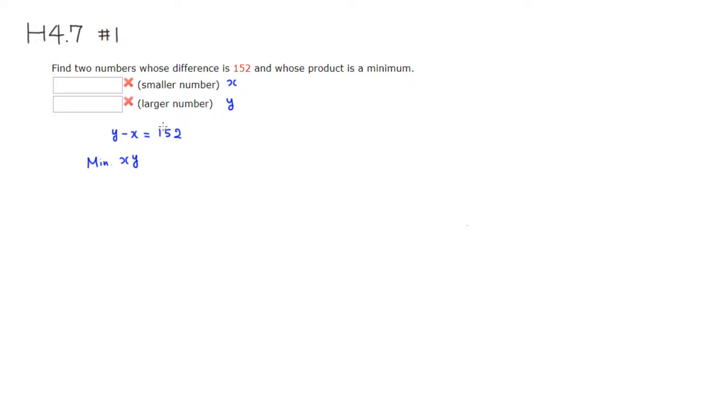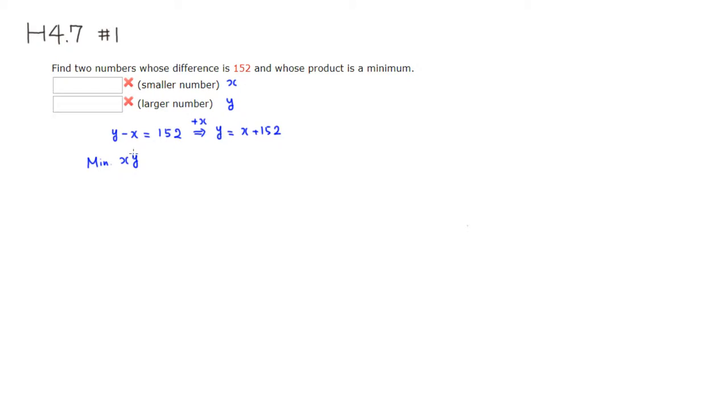Since we do not want to deal with two variables at the same time, I'm going to try to eliminate y. From this first equation, we can add x to both sides, and then y is equal to x plus 152.